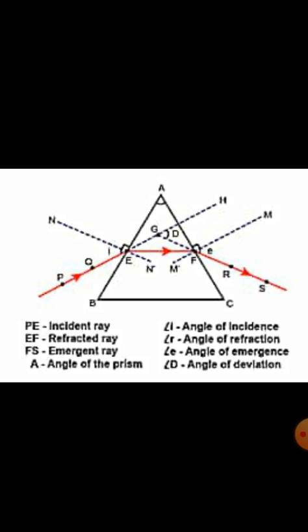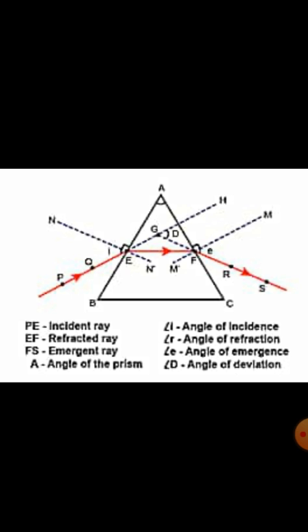So here at this point E, you are drawing a normal NN' and an incident ray making an angle of 40 degrees with the normal. You can find the incident ray in red color in the figure.